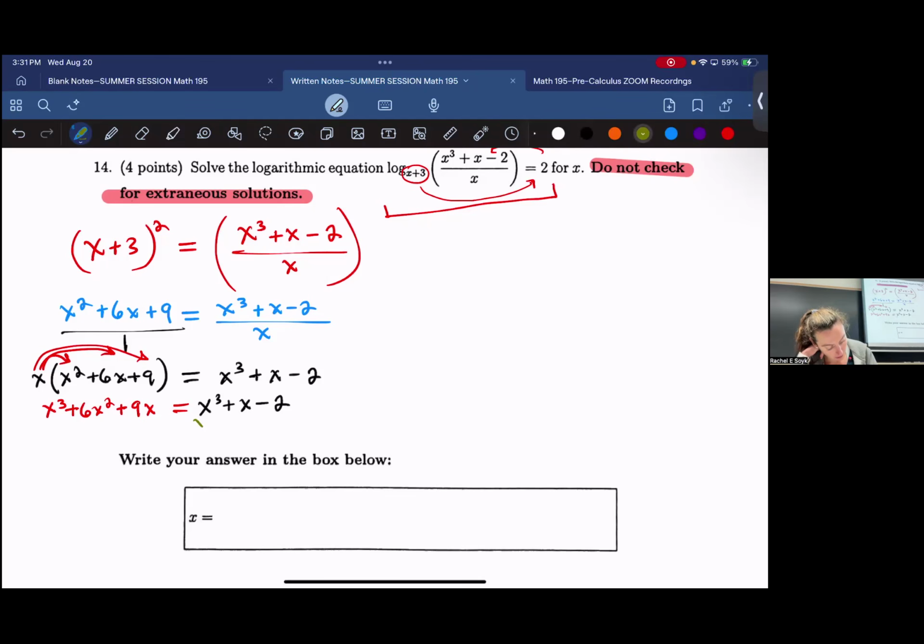So I'm going to subtract x to the third, subtract x, and then add 2.